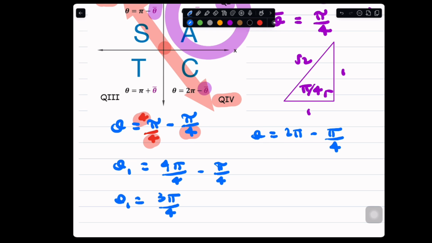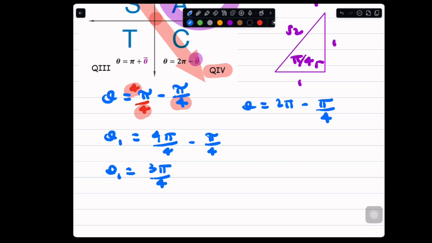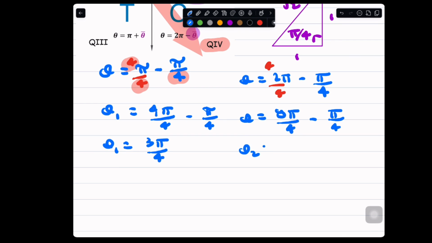Or I can add a multiple of pi over 4 to the first solution. It'll be the same. So you get now, for the second answer, 8 pi over 4 minus what? And what does that equal? It's 7 pi over what? 4.